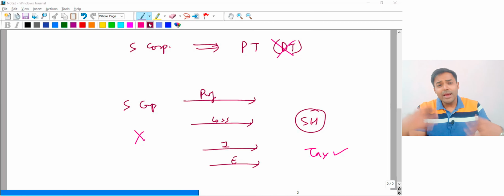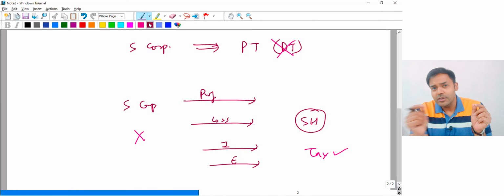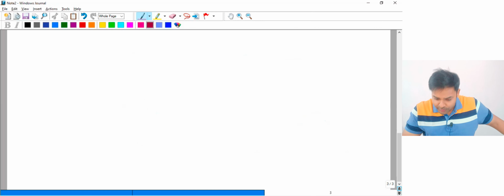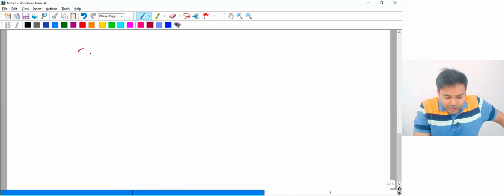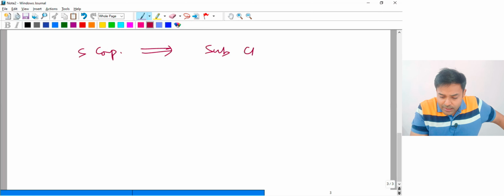Now, why such a weird name? S corporation, C corporation? Because S corporation is governed by subchapter S of the IRC. IRC is the Internal Revenue Code.